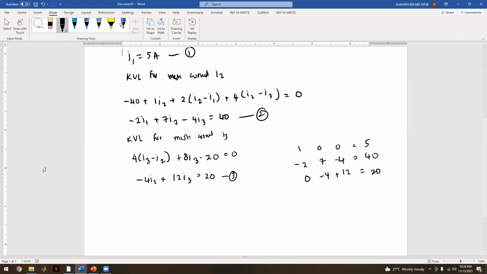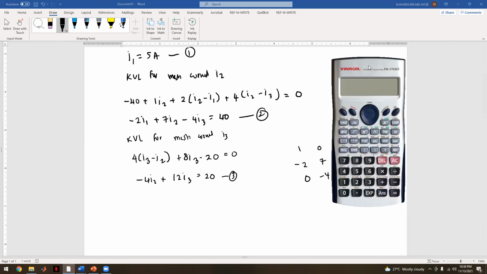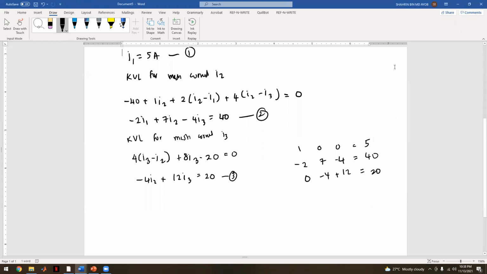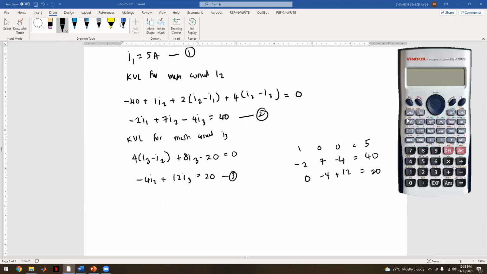So by using your calculator, please choose mode equations, and then 3 unknowns.